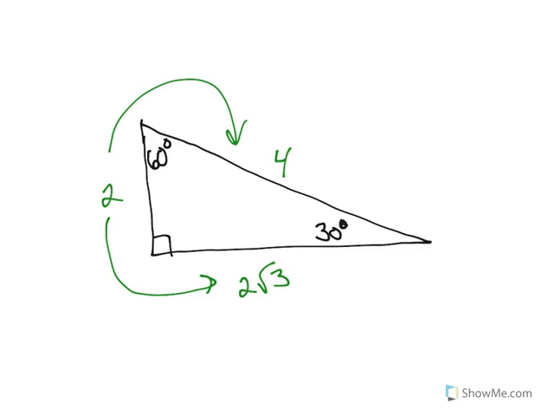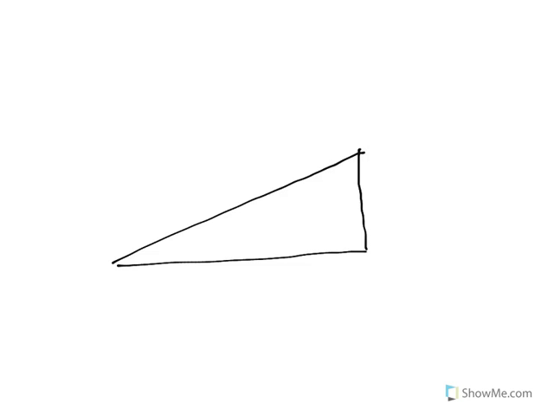And let's go ahead and do one where we have to do the process backwards. So let's say we have this. And what we're going to know this time, let's say we know that this is going to be 8.